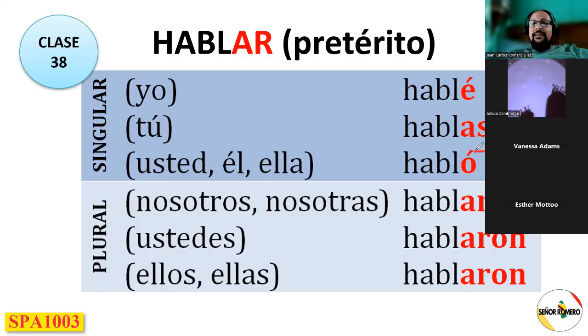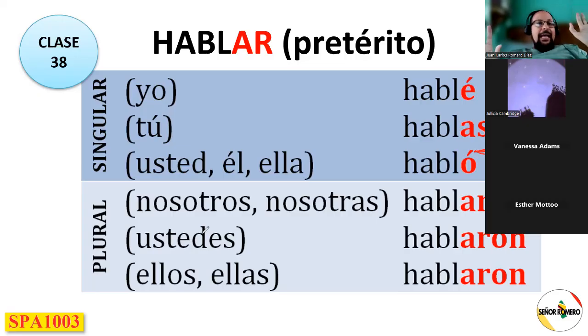Look, you can see the accent here because if you don't write an accent and you write H-A-B-L-O and you say hablo, that means I speak. But habló with an accent on the O means he or she spoke. So it's not the same, even if it's the same letters, the accent makes the difference.